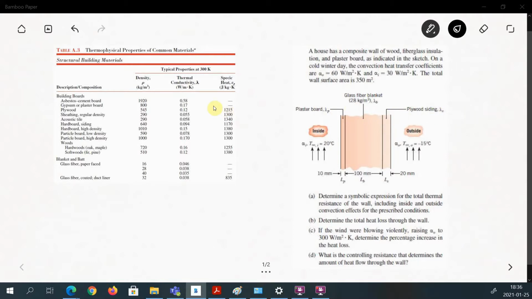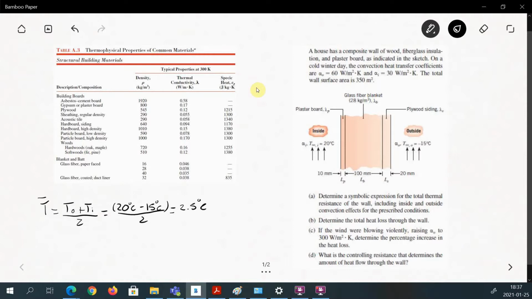So the first thing we need is the values of the conduction coefficients for the different layers. We have this table that I found, but these are the conditions at 300 Kelvin, and we can make just an estimation of which kind of temperature we are talking about here. So the average temperature is equal to T outside plus T inside over 2, and this is equal to 20 degrees centigrade minus 15 degrees centigrade over 2, and this is equal to 2.5 degrees centigrade.